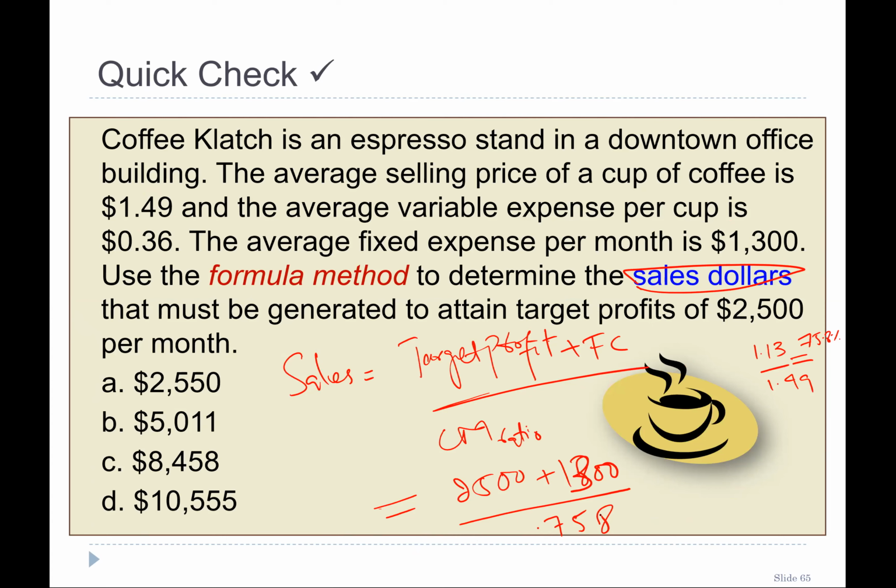Answer is 5013. Which one is the closest answer here?